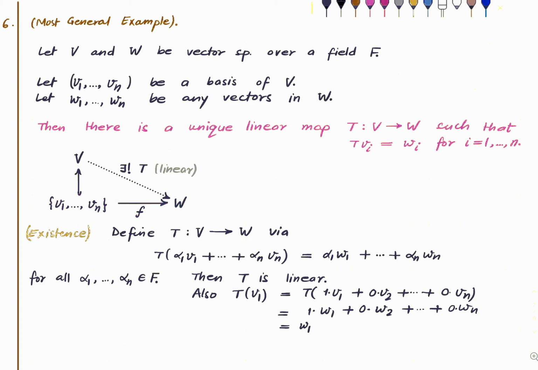What about uniqueness? Okay, let's see. That's also very clear. Basically, if you've already decided where v_1 is going, there is only one choice. If v_1 is mapped to w_1 and v_2 is mapped to w_2 and v_n is mapped to w_n, and if T is linear, we are forced to have this map to that.